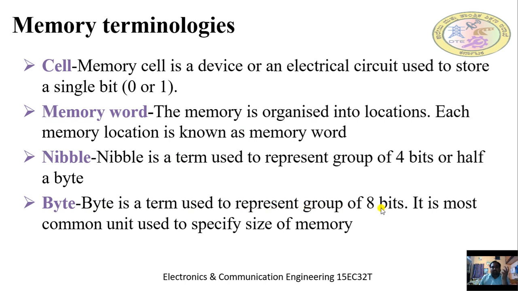The group of 8 bits together can be referred to as a byte, and it is the fundamental unit that will specify the size of the memory. So byte is a group of 8 bits. If you represent a group of 4 bits, or you can say half of a byte, that can be termed as the nibble. Byte is a group of 8 bits.